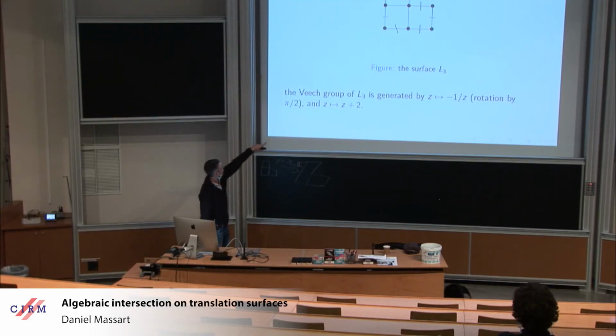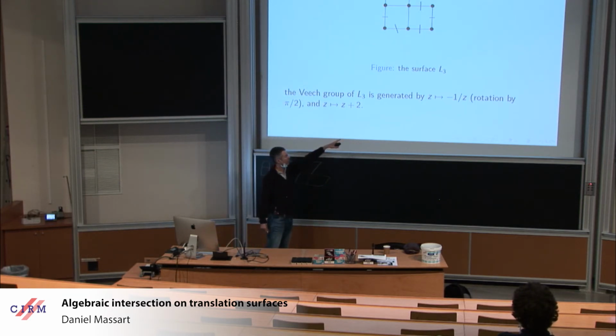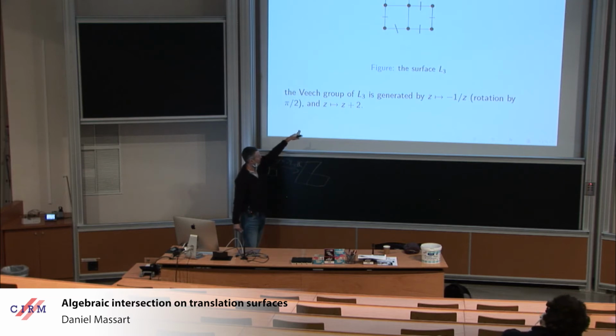So I'm going to call L3 the surface which is tiled by 3 squares. I'm saying that the Veech group of this surface is generated by 2 matrices, or 2 Möbius transformations, one of which is minus 1 over z, and the other is a translation by 2.